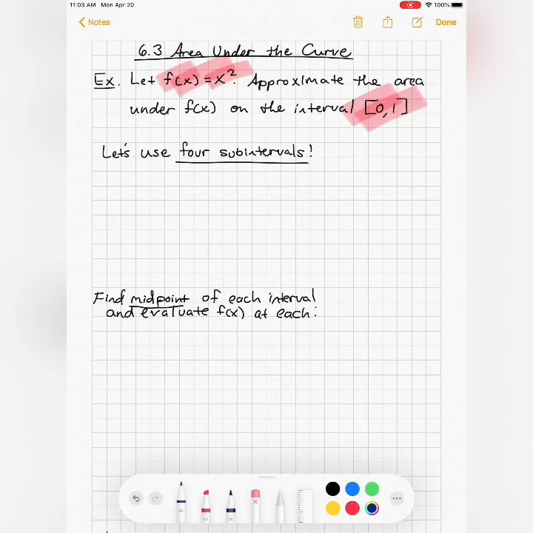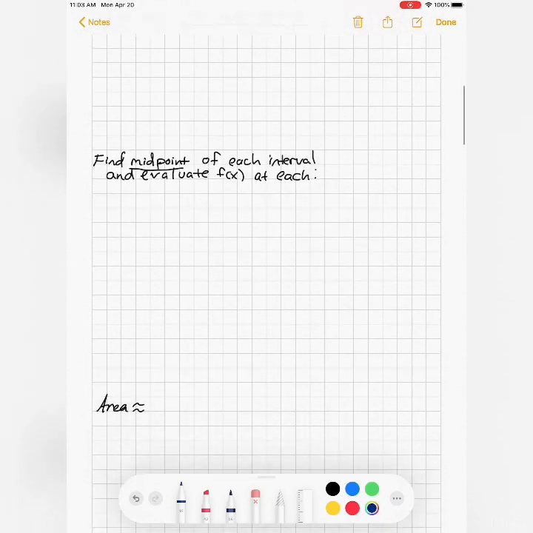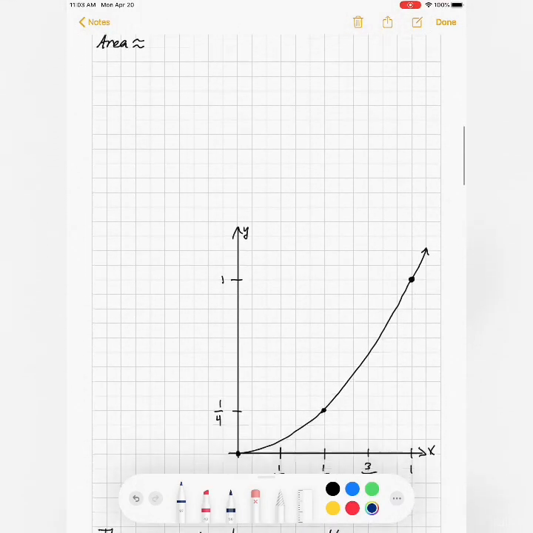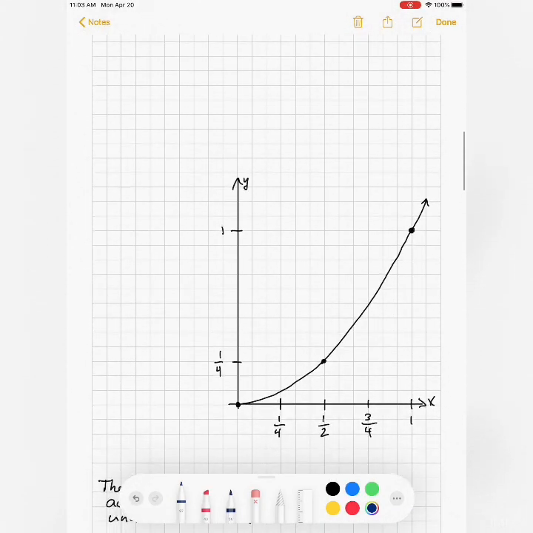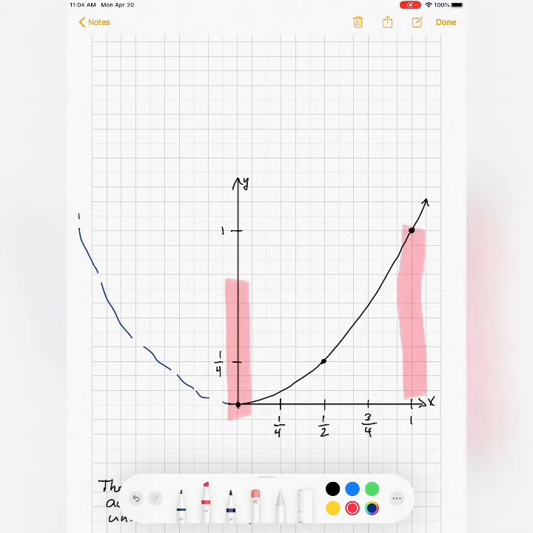So I went ahead and graphed y equals x squared. It's a parabola, right? I could extend this over here if I wanted to, but the interval I'm interested in anyway is the interval 0 to 1. So in that region.